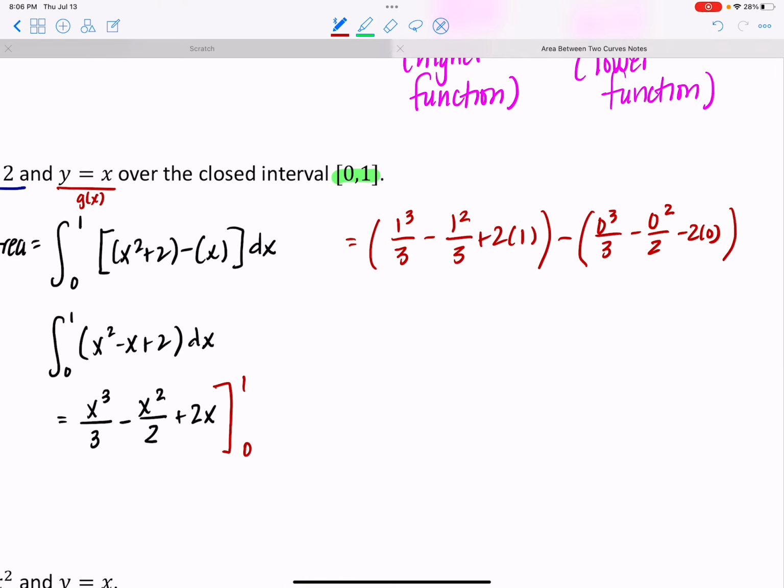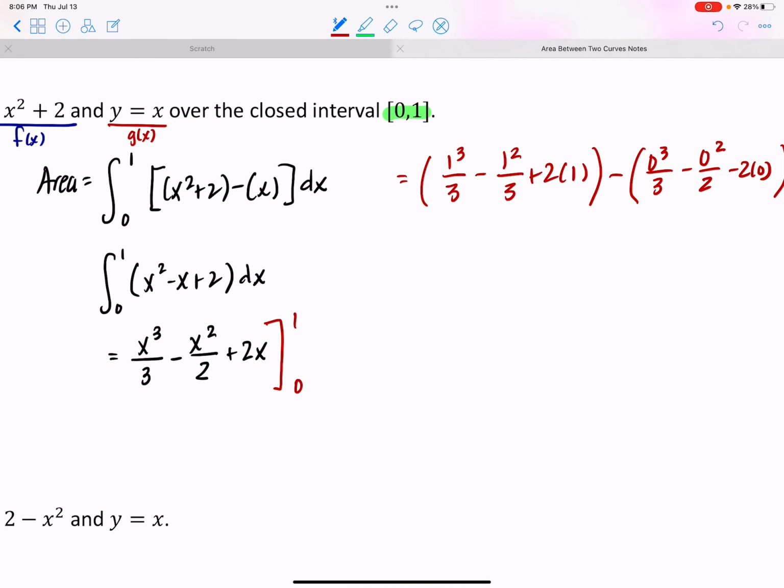Okay, so that whole thing zeroes out, so we really just need to focus on what we have here. So 1/3 minus 1/2 plus 2, and I'm going to try to do this without a calculator. Common denominator is 6, so multiplying by 2 over 2, I get 2 over 6. Multiplying by 3 over 3, I get 3 over 6. Multiplying by 6 over 6, I get 12 over 6.